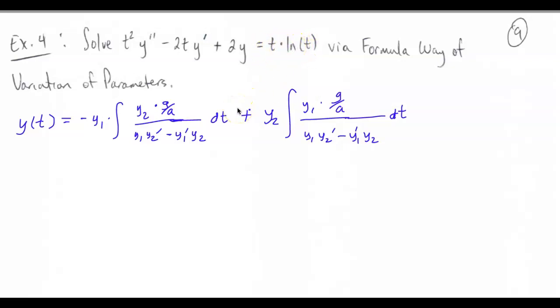So we're going to need to go through the process of finding the solution of the corresponding homogeneous equation, just so that we can get our y sub 1 and y sub 2. But I also want you to see that if we use this formula straight up and actually write out the integration constants whenever we evaluate the integrals, we will end up recovering the homogeneous part of that.